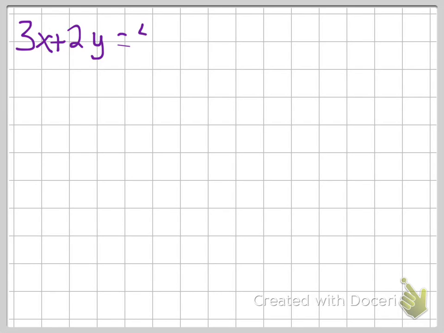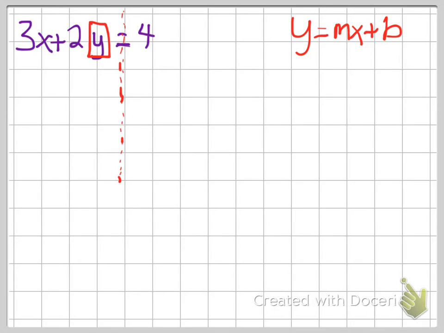Alright, this is going to test your algebra skills from last year. We want to get what by itself? Think about what we talked about in the beginning. We want to write it in y equals mx plus b form. Okay? I need to get y by itself. Now, I don't know who's told you what, but I invented this approach here.